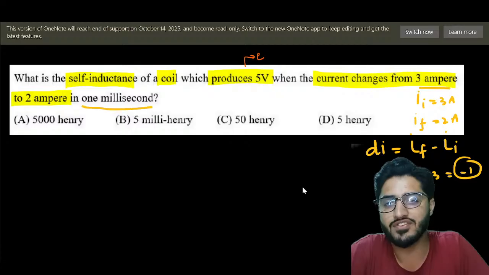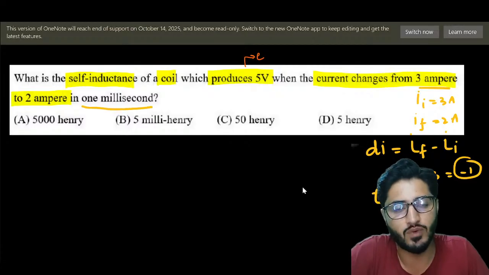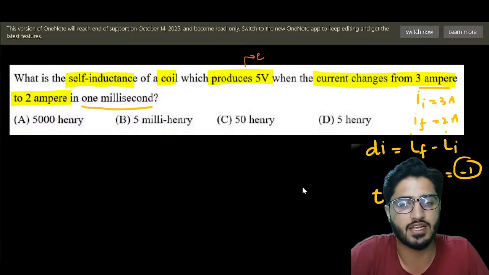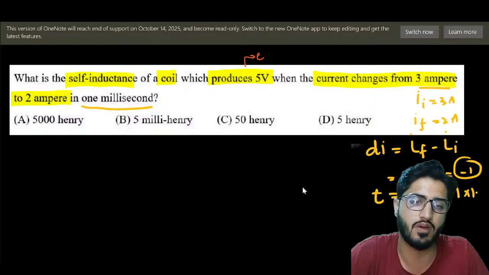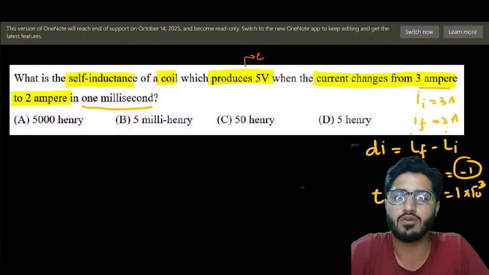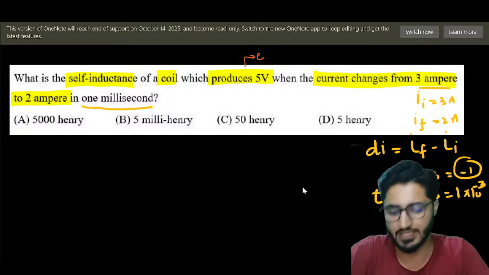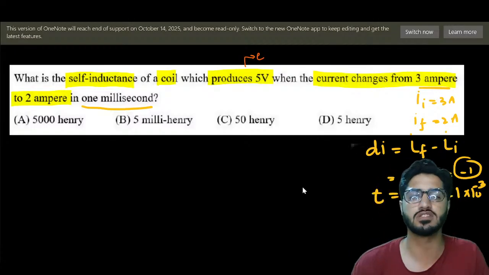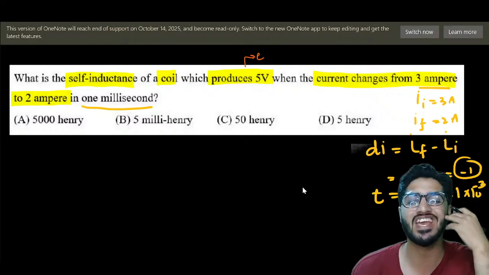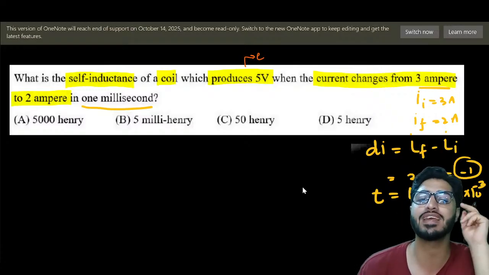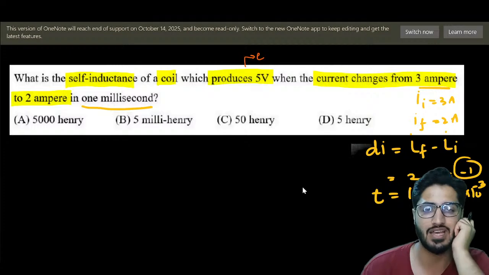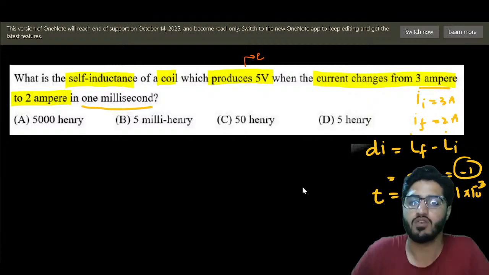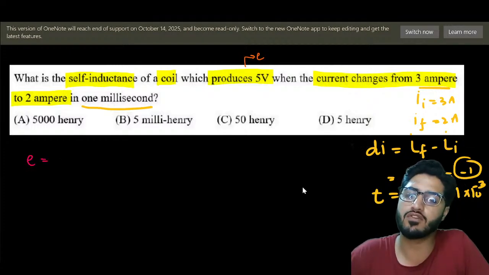In 1 millisecond. So my time is also given, 1 millisecond. Now 1 millisecond simply indicates 1 into 10 to power minus 3. So we have to find out self-inductance. Sir, what is the formula for self-inductance? We have a couple of formulas now: mu naught n square A L, mu naught n square A by L. But we have one more formula, E equals minus L dI by dt.